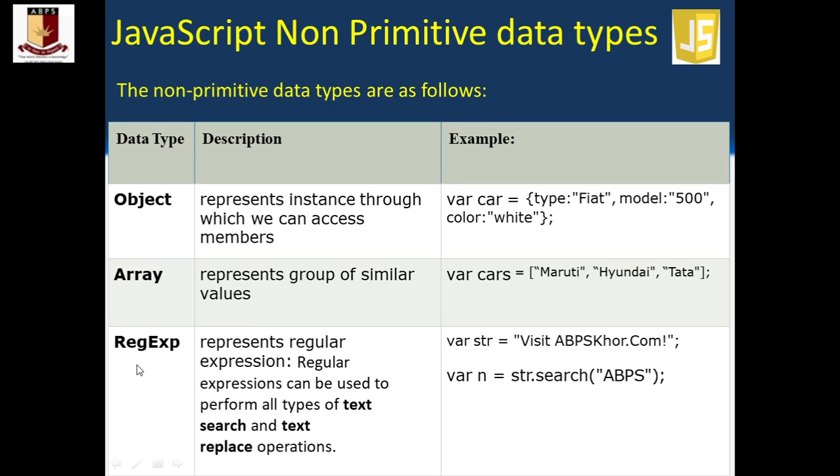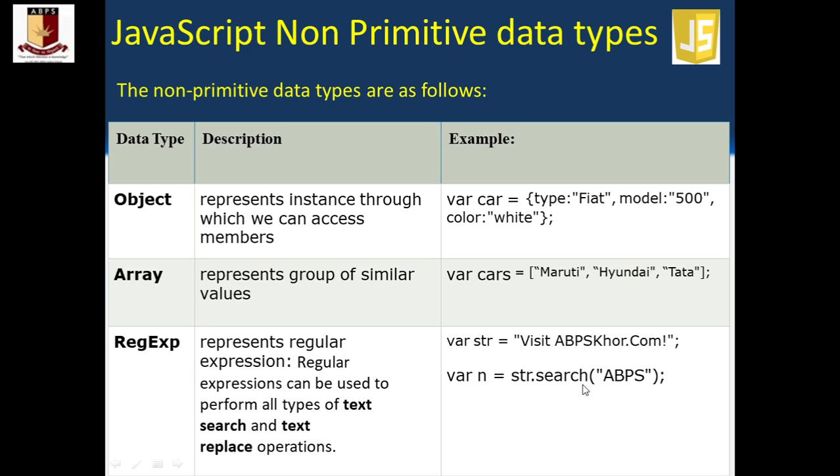The third and last one is the regular expression. A regular expression can be used to perform all types of text search and text replace operations. Just take an example. Here I have taken a variable str for string, and it holds "visit abpscore.com". Another variable I have taken here is n, with str.search.